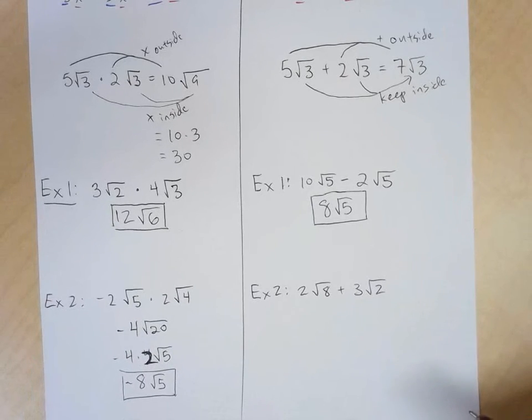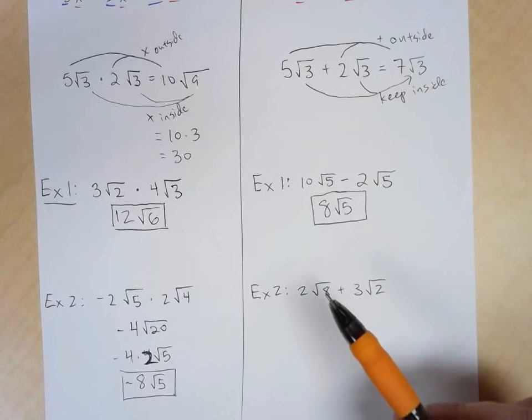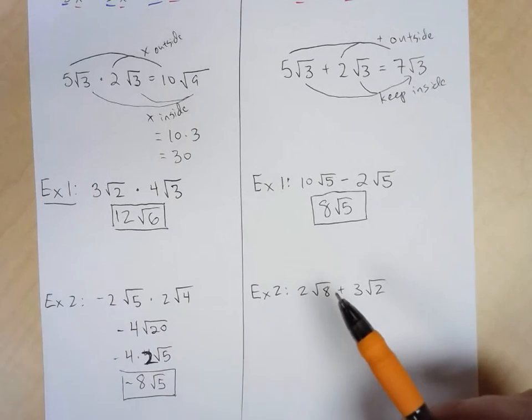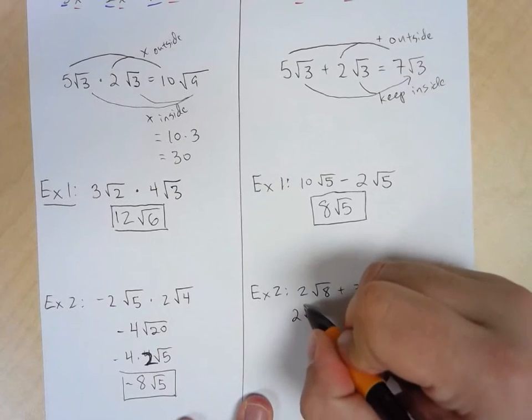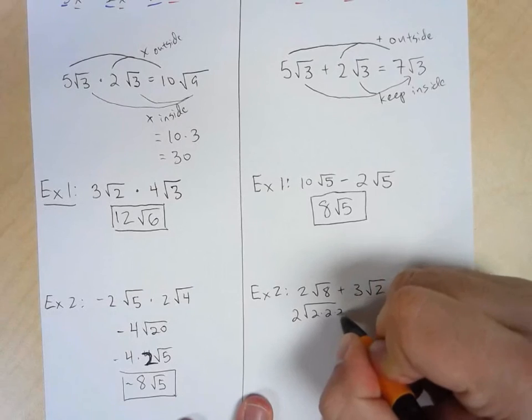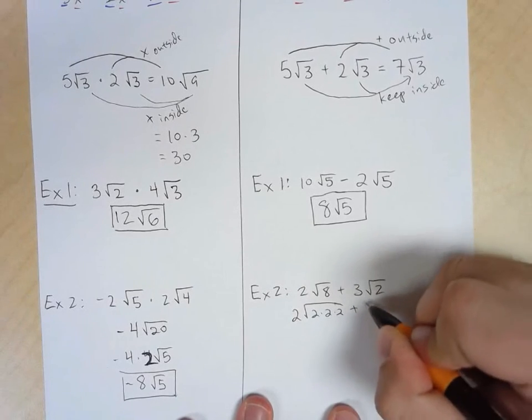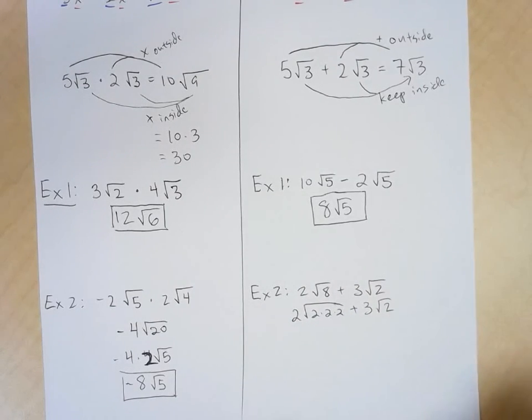Okay, example two. 2 square root of 8 plus 3 square root of 2. This one's kind of tricky because even though their numbers aren't the same, we can actually simplify the square root of 8. Remember how the square root of 8 is the same thing as the square root of 2 times 2 times 2, and then bring down our plus 3 square roots of 2. So this is the same.